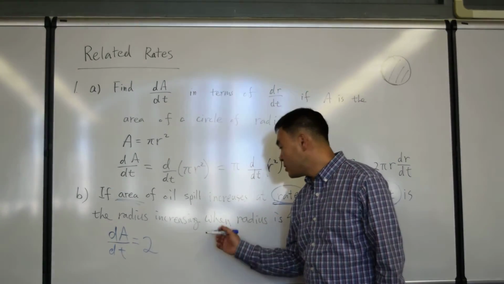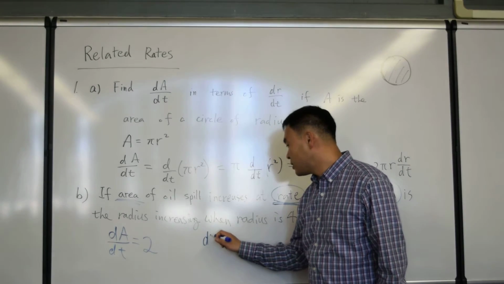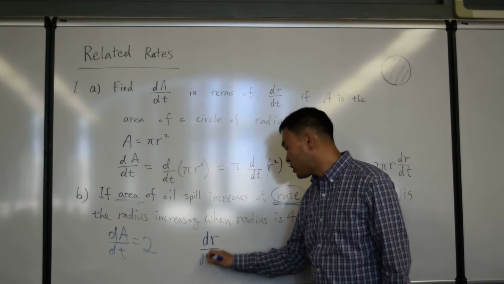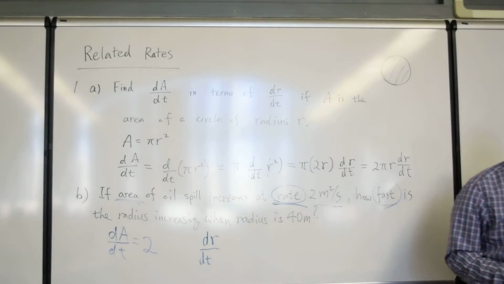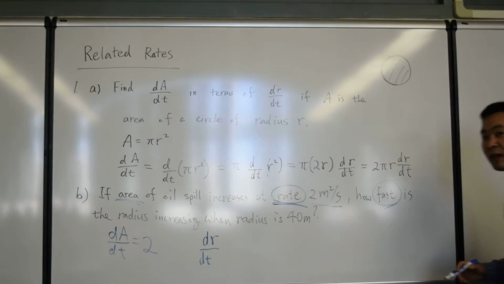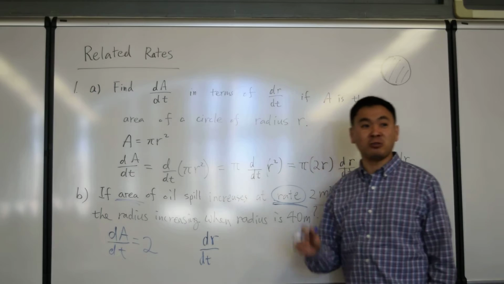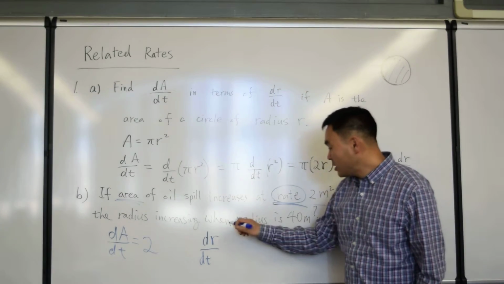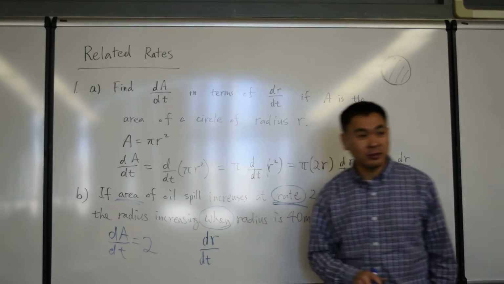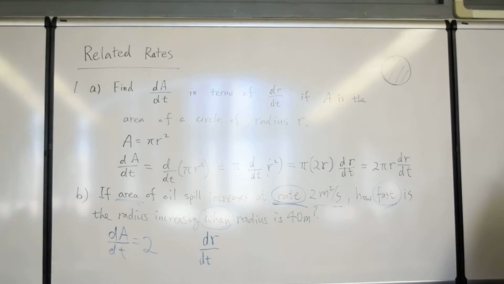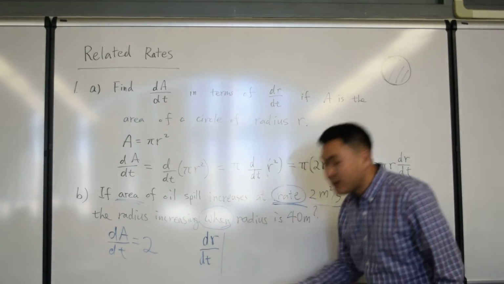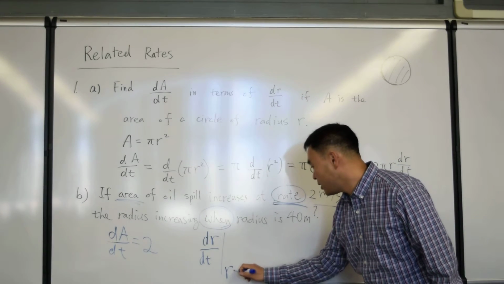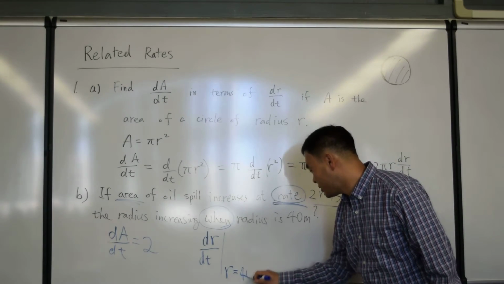How do you write that? You write dr/dt. You're trying to answer this question. And here's another notation that you should make use of whenever possible. When you see this word when, you're going to write it as a bar with r equals 40 meters.